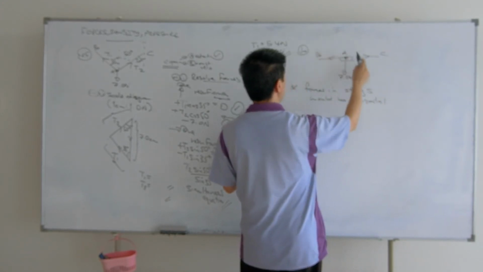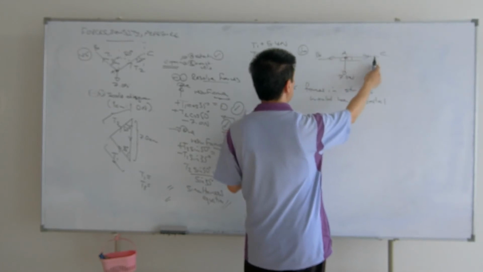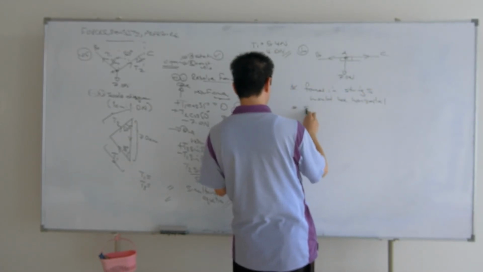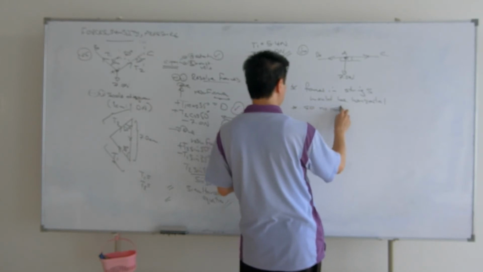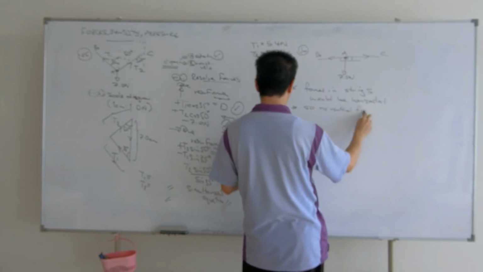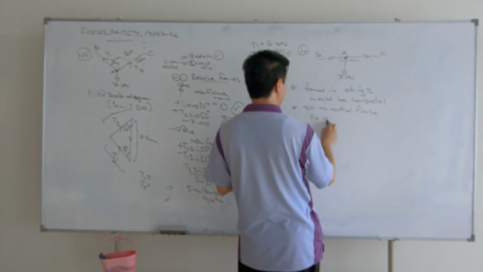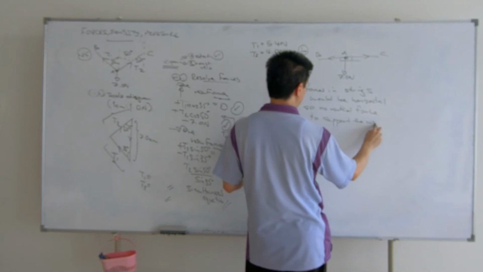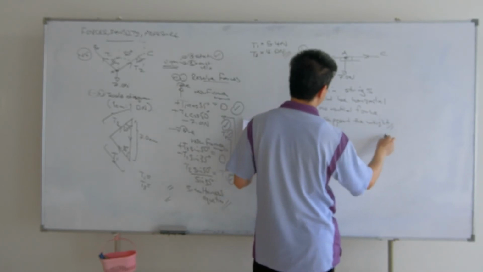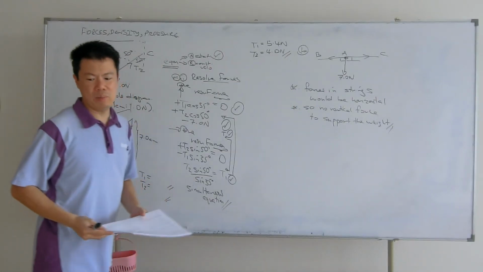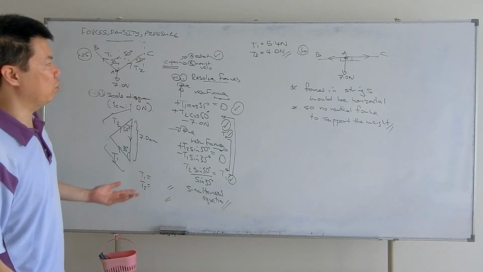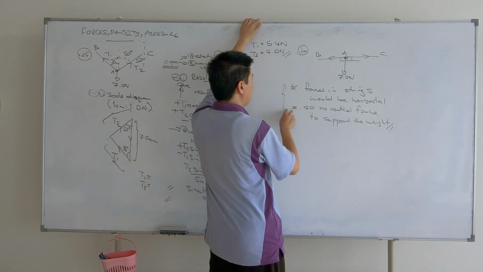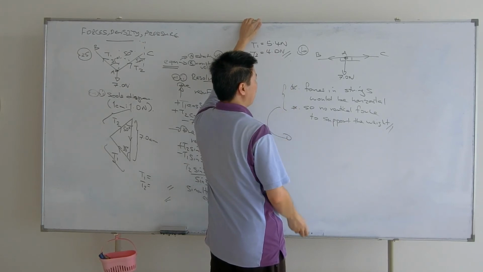So the forces in strings AB and AC will be horizontal, so no vertical force to support the weight. This is the answer they're given, but it's up to you how to write this in a way you understand. Quite easy.